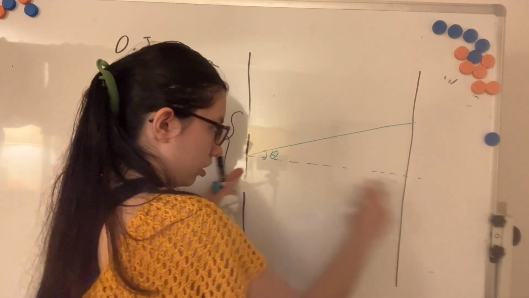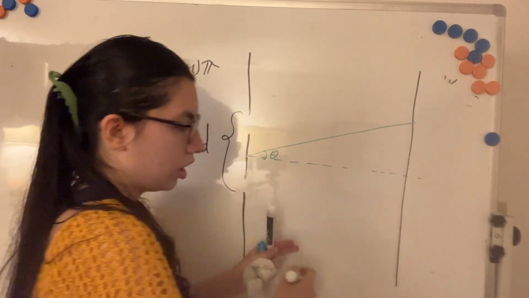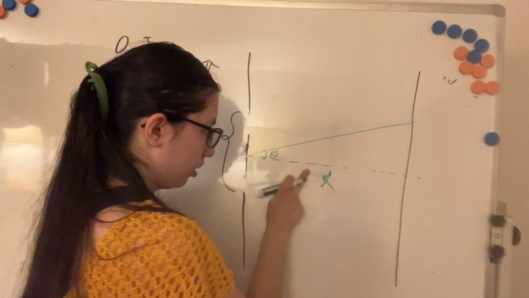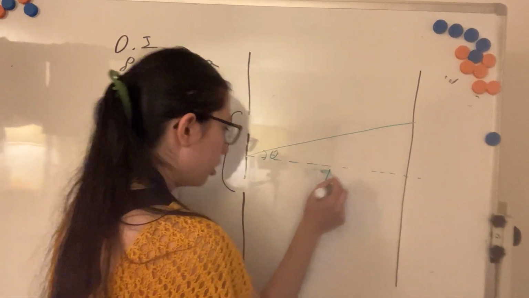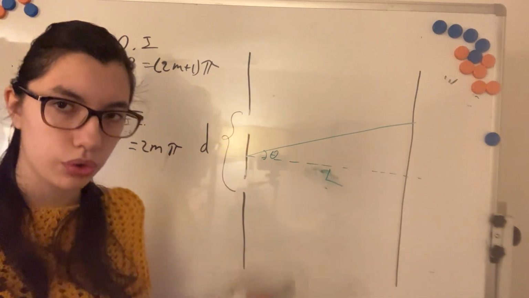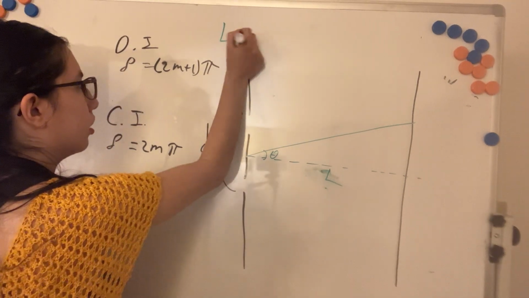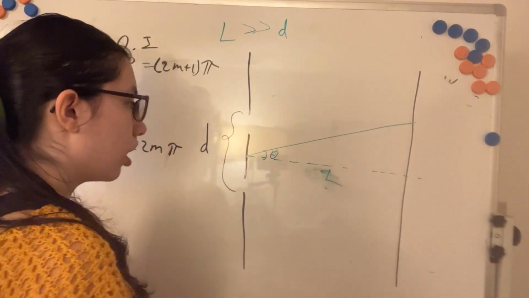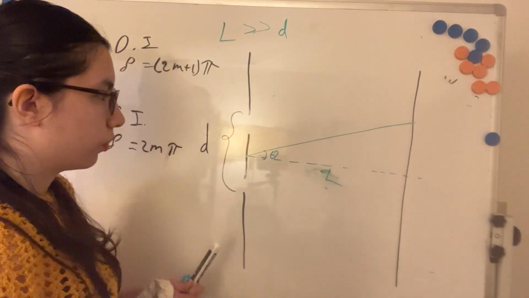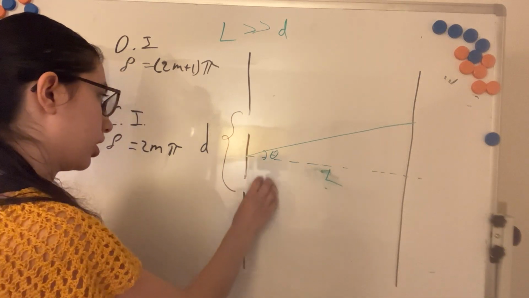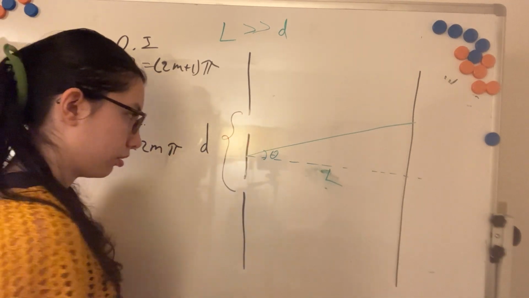Let's say that the screen is very far away, so this length is L. If L is much larger than D, I know that it is not drawn to scale, but if L is much larger than D, we will have quite parallel lines for this aperture and this aperture.